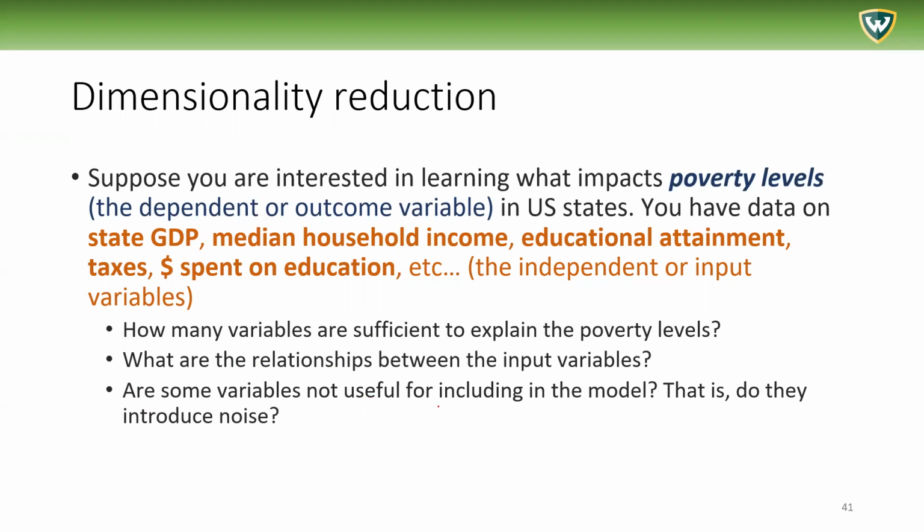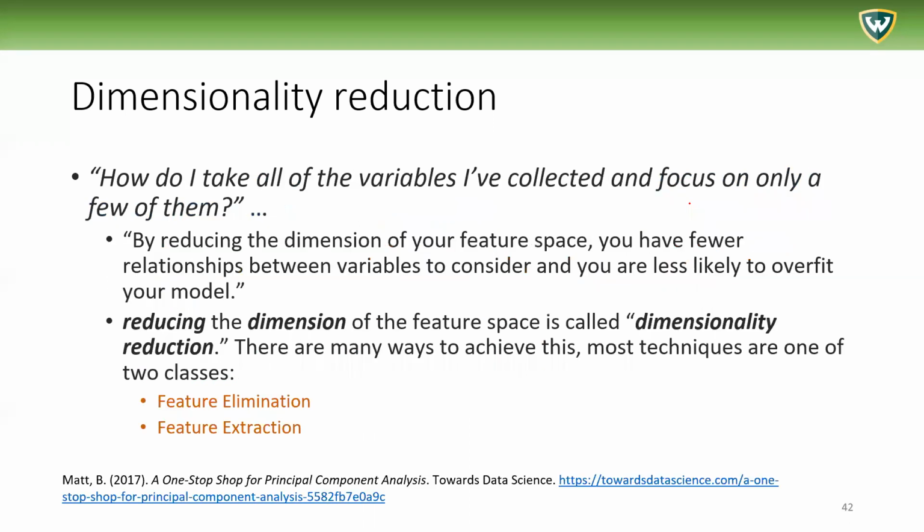Are some variables not useful for including in the model? That is, do they introduce some noise? Maybe you think they explain something, but they don't. So how do you address this issue of having a lot of dimensions, a lot of variables to explain something? What do you do? Well, there are two ways to do this, and this kind of activity is called dimensionality reduction.